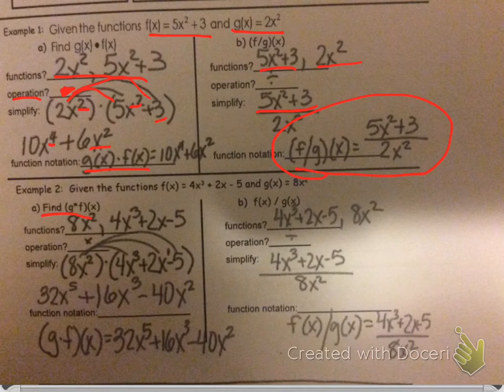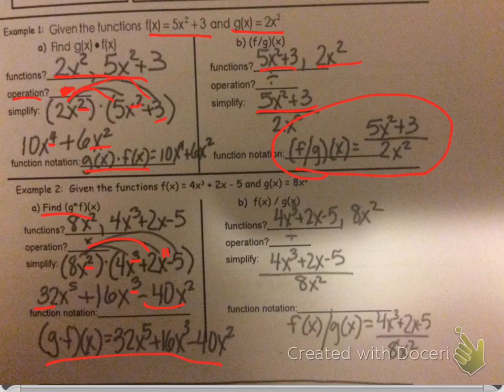Remember to add your exponents when they have like bases. So right here, 8 times 4 is 32. 2 plus 3 is 5. 8 times 2 is 16. And then 1 plus 2 is 3. 8 times negative 5 is negative 40. And then you put your 8x squared on there. So g times f of x equals 32x to the 5th plus 16x to the 3rd minus 40x squared.